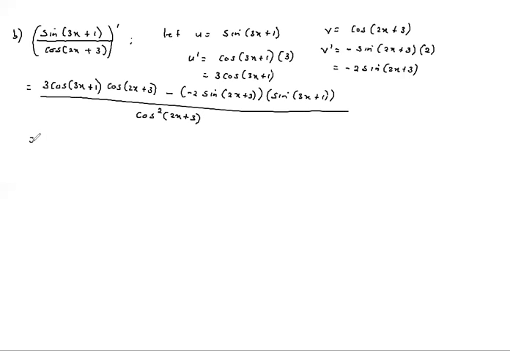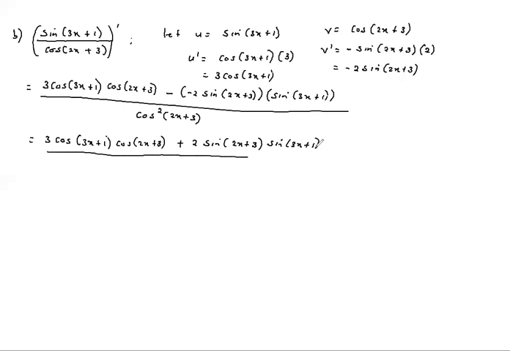And so this, when simplified, it becomes 3 cos 3x plus 1 cos 2x plus 3 plus 2 sine 2x plus 3 sine 3x plus 1 over cos squared 2x plus 3.